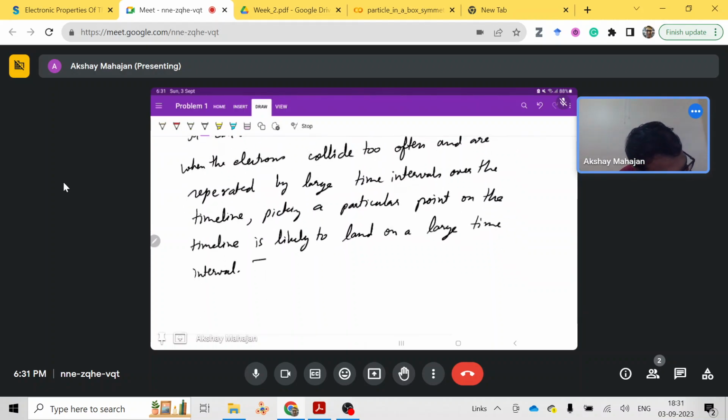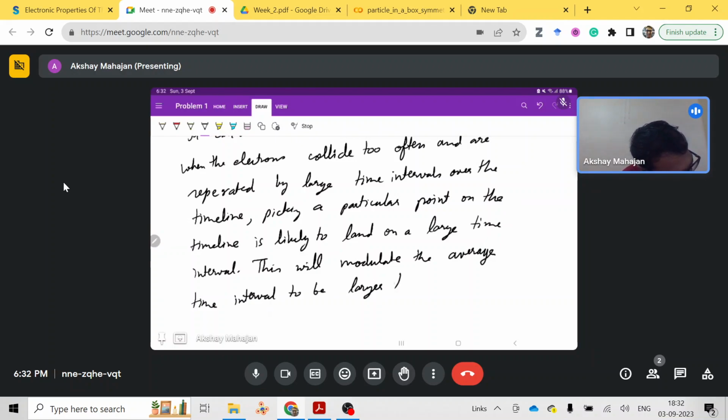This will moderate the average time interval to be larger than tau. Alright.